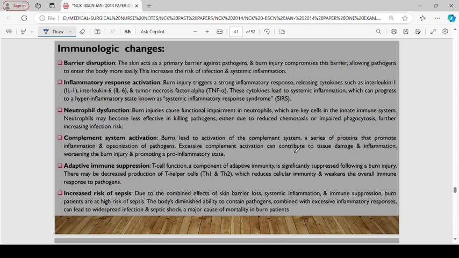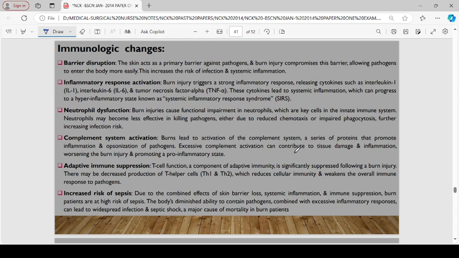Burn injuries also cause functional impairment of neutrophils, which are key cells in the innate immune system. Neutrophils may become less effective in killing pathogens, either due to reduced chemotaxis or impaired phagocytosis, further increasing the infection risk.